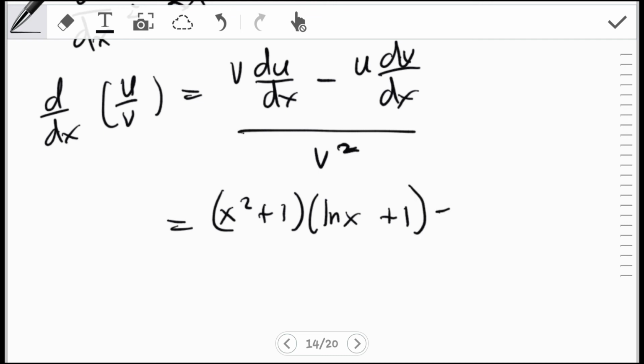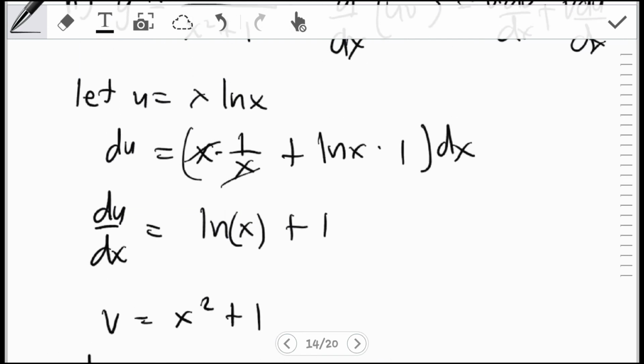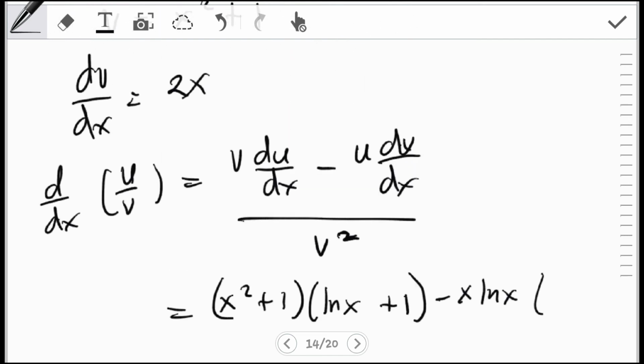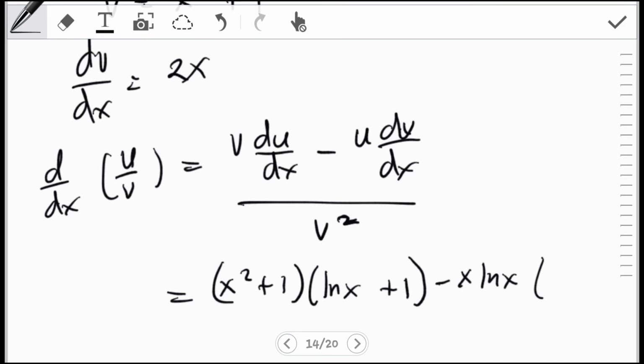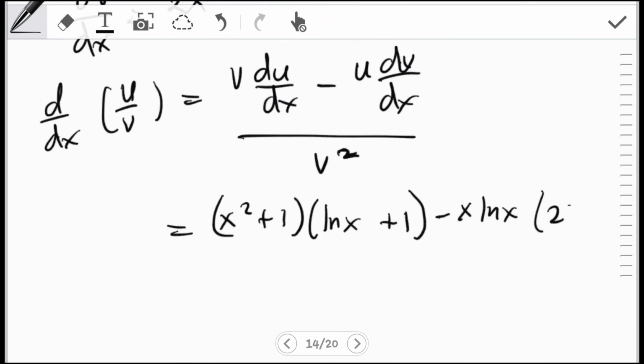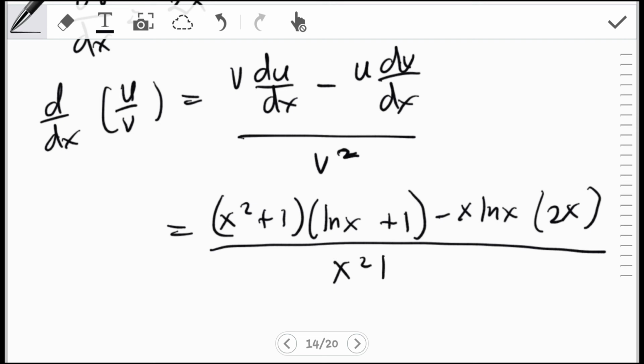Minus where u is x ln x times where dv over dx, that is 2x, over v squared, which is (x squared plus 1) to the power 2.